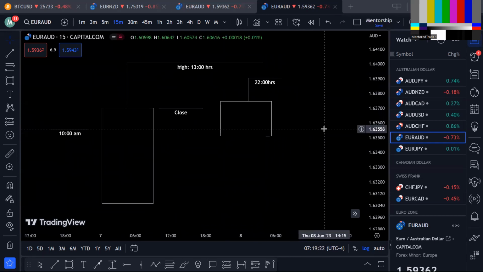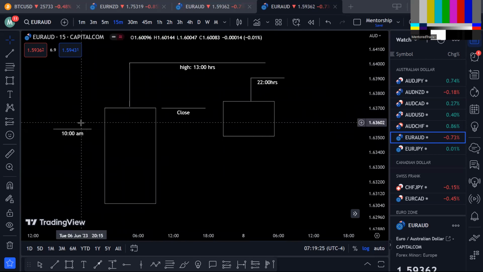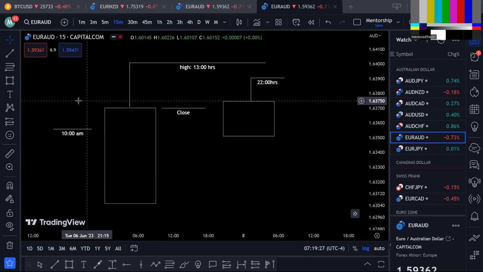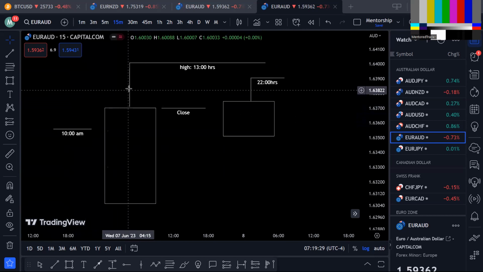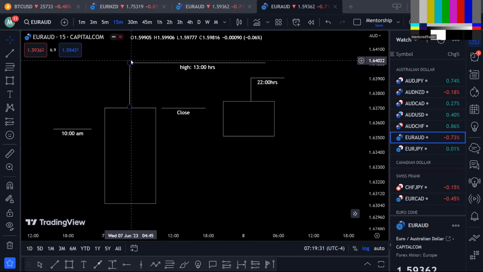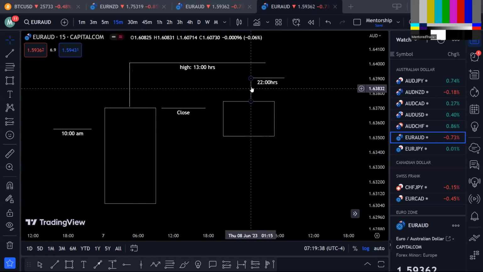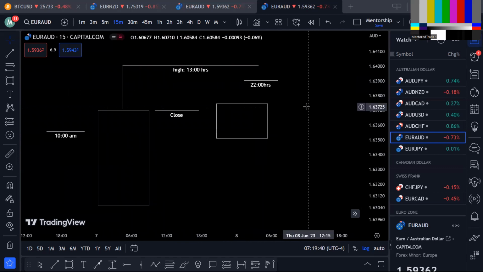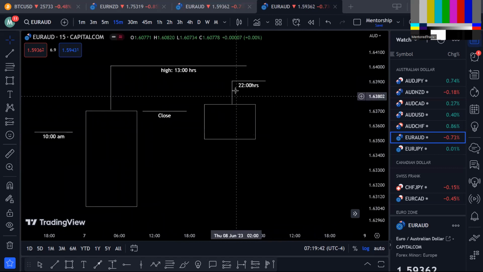So condition number one, let's come back here. The previous day's candle rejected 10 o'clock, or simply it traded and gave us a weak high at the New York hour. Then 2200 hours, New York time, Sydney open, must give us a high.